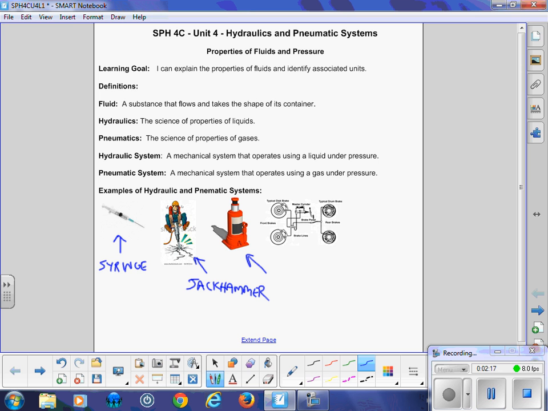We have a hydraulic jack for lifting vehicles, changing tires, and so on. And probably one of the more important ones for us as a society is the brake system on our vehicles. Our brake system is a hydraulic system that allows cars to come to a full and safe stop. There are many more that we can talk about, but those are just a couple to get you in that mindset.